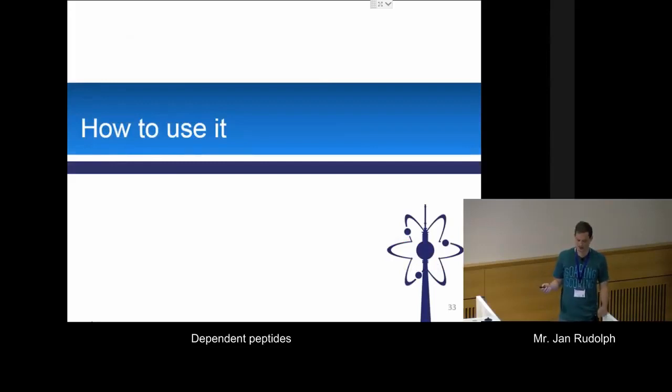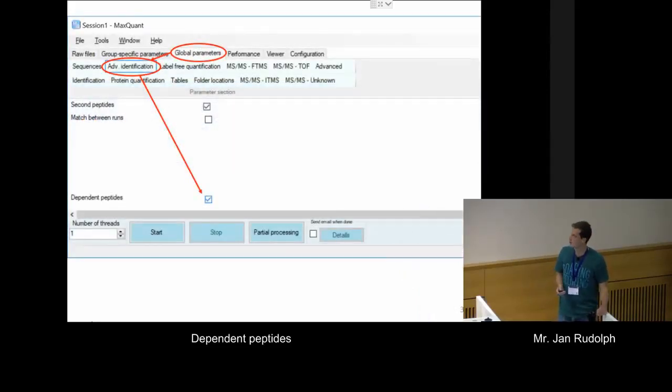So let's see how we can use it. It's actually that simple. Like many things in MaxQuant, you go to the global parameters in the advanced identification tab, and you just hit that button. So I'm not saying everyone should always do it. It really takes a long time for processing.